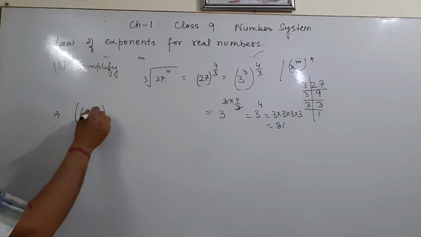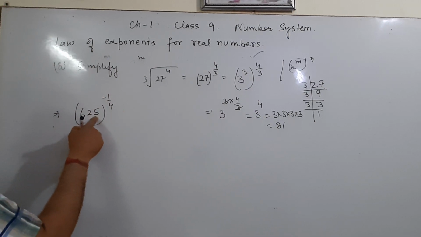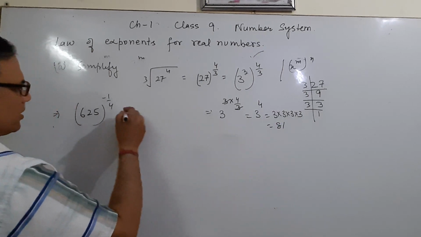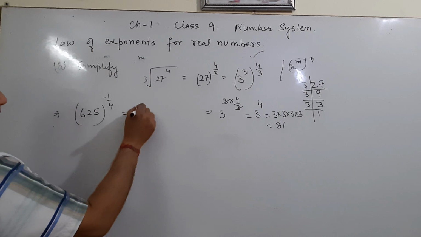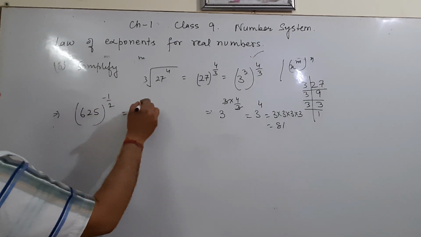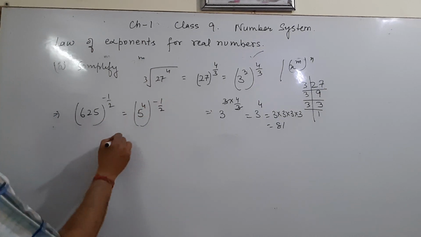625 whole power minus 1 by 2, 1 by 4. And you know the factor of 625, which you have already noted. This is 5 power 4, whole power minus 1 by 2. What should I do now?